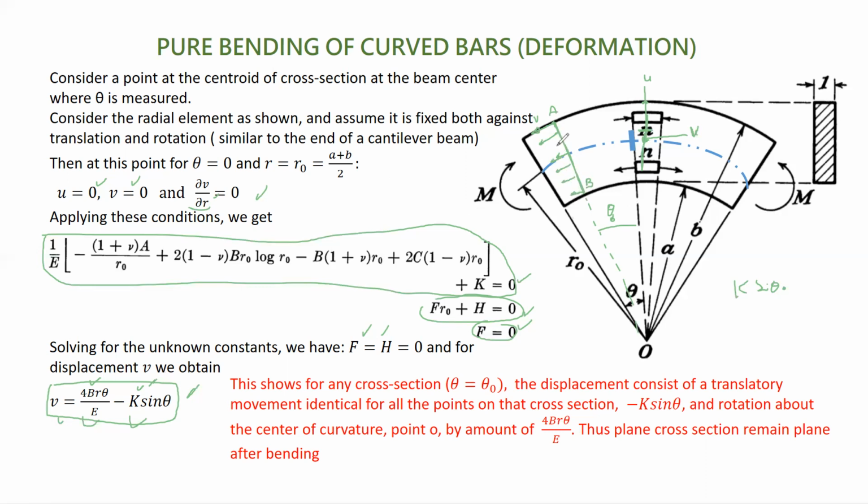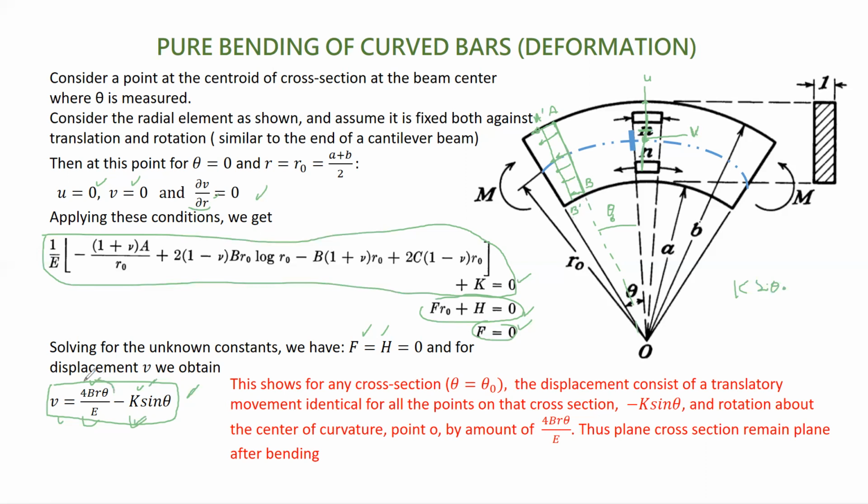So that line comes parallel to itself, to a new position. After the load is applied, that line AB moves parallel to itself to a new position, A prime, B prime. And that's what the second term will tell you.